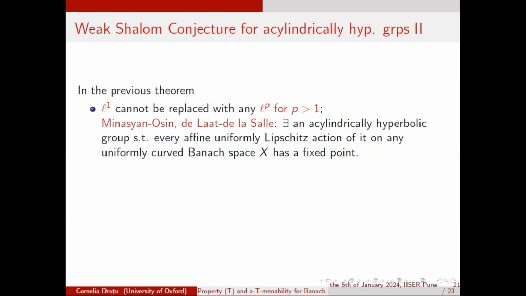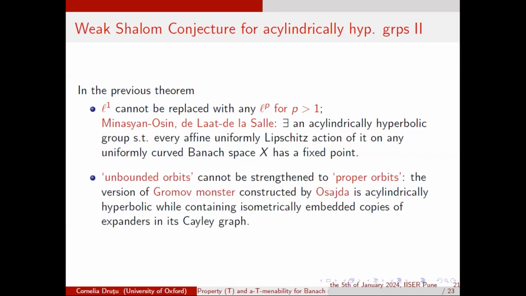If we want the statement to cover all the acylindrically hyperbolic groups, we cannot replace the weaker conjecture by the stronger conjecture, we can't ask for proper orbits, and the reason for that is that there exists a particular construction of a Gromov monster.